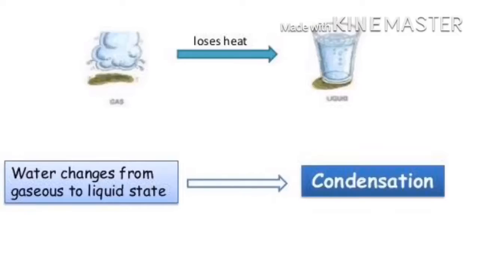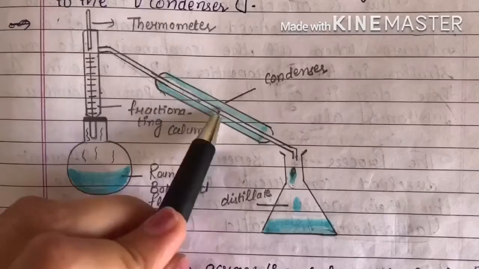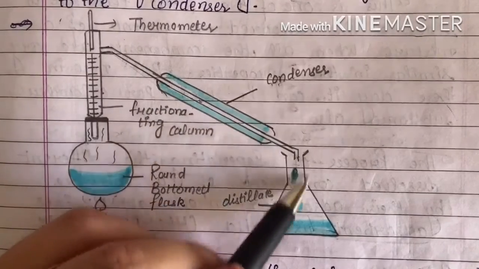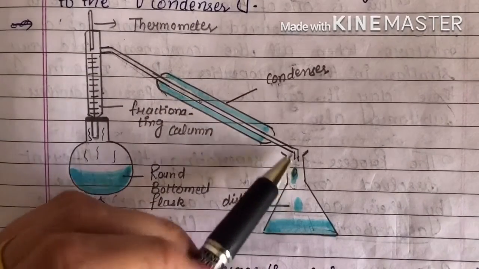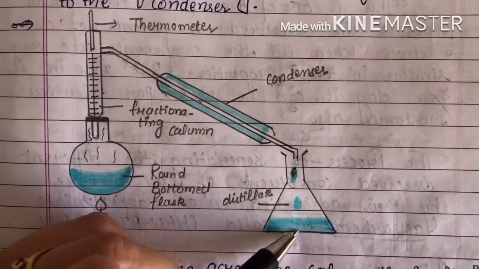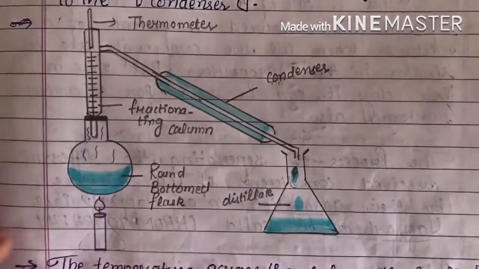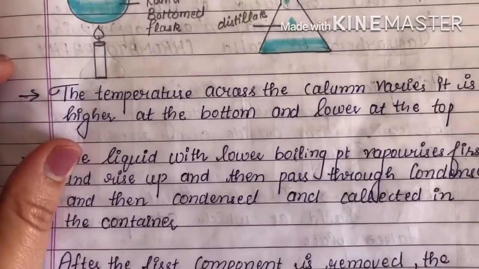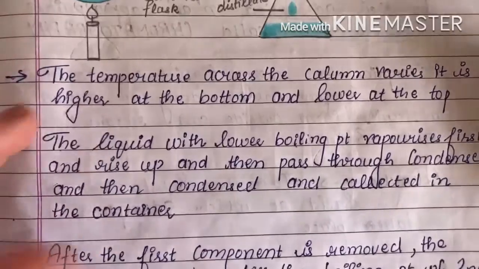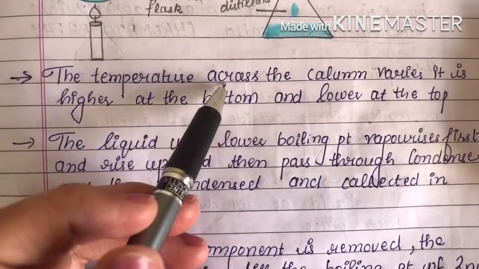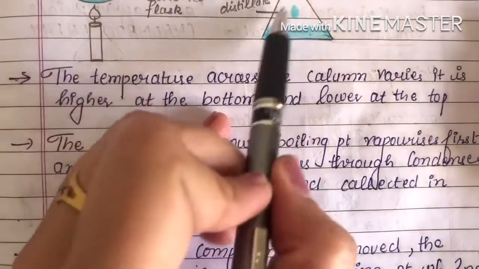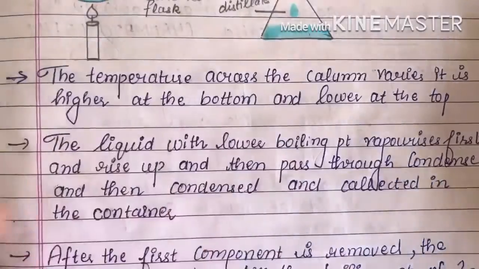It changes the vapor form into the liquid form. Then by using this flask we collect that liquid. The liquid which has a low boiling point and vaporizes first, we collect first.